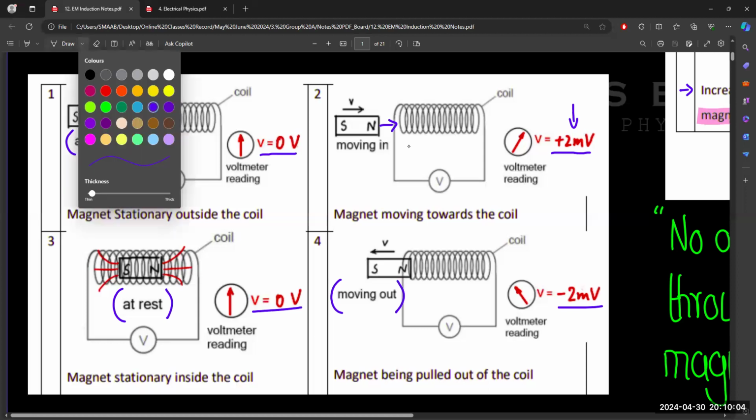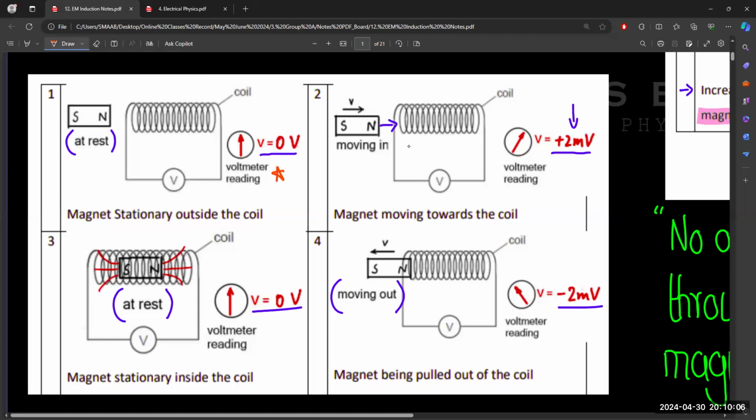You can see in this one, when the magnet is at rest, there is no reading in the voltmeter, no deflection. But when the magnet starts to move into the coil, it shows deflection. It means we are getting the value of EMF or electric current in the coil. That's why it is called induced.